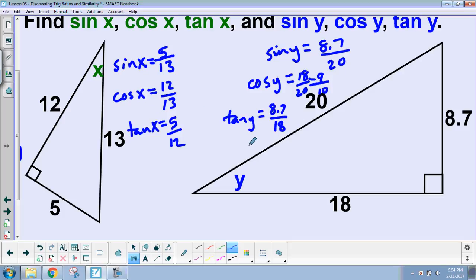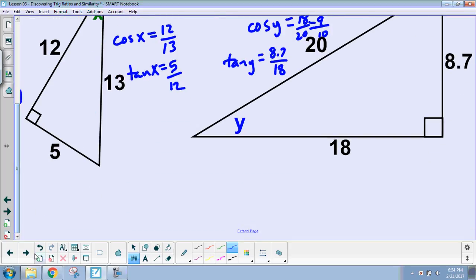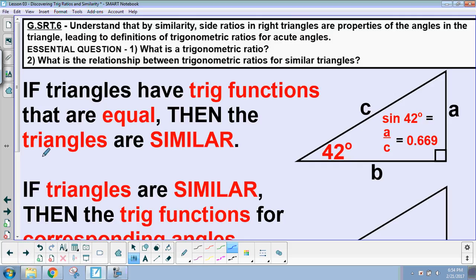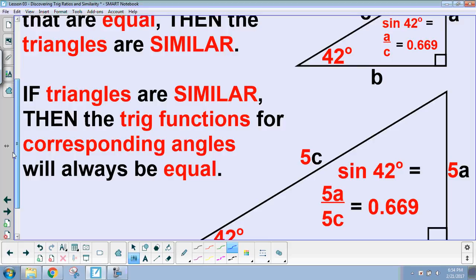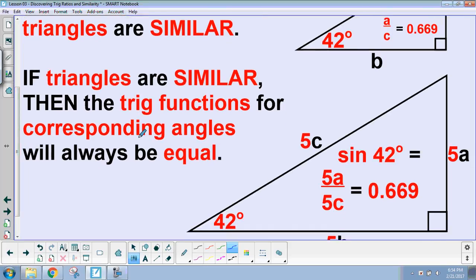If triangles have trig functions that are equal, then the triangles are similar. We just discovered that. If triangles are similar, then the trig function of corresponding angles will always be equal. Okay? It doesn't matter how tiny the triangle is or how big the triangle is.